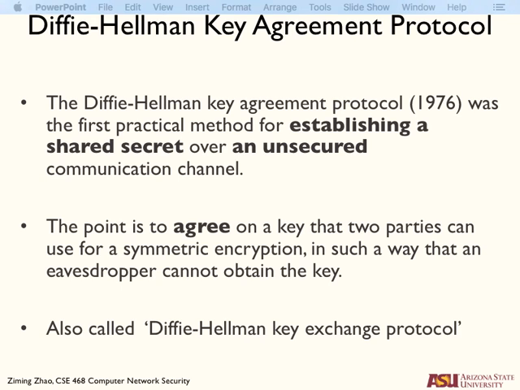The Diffie-Hellman key agreement protocol proposed in 1976 was the first practical method for establishing a shared key over an unsecured communication channel. The point is to agree on a key that two parties can use for symmetric encryption in such a way that an eavesdropper cannot obtain the key.